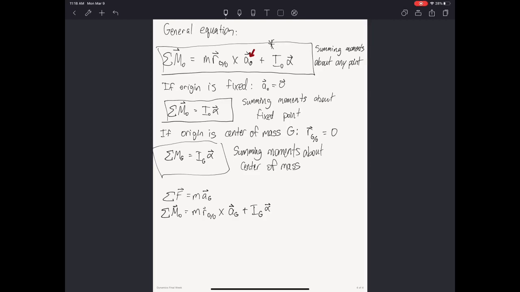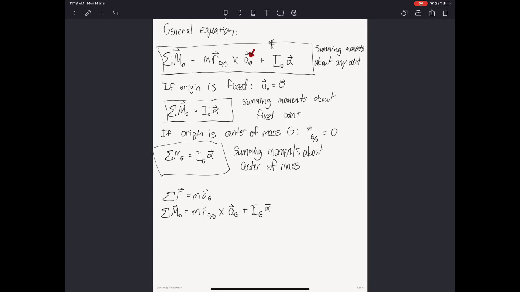Two things changed in this equation. The acceleration of O changed to the acceleration of G, and the moment of inertia about point O changed to the moment of inertia about point G. You can't just change those to whatever points you want.